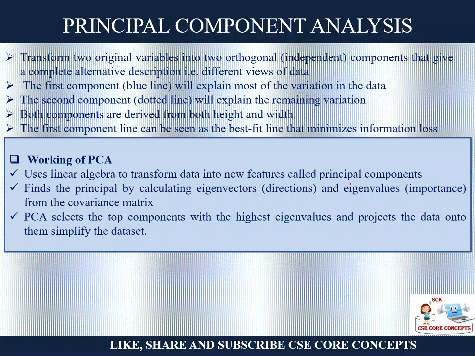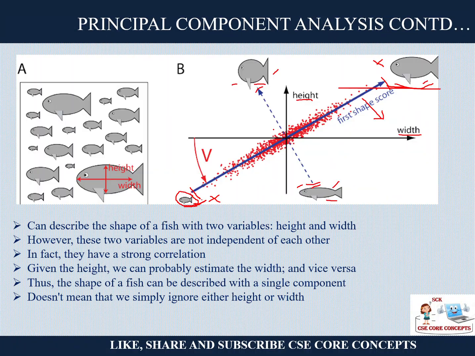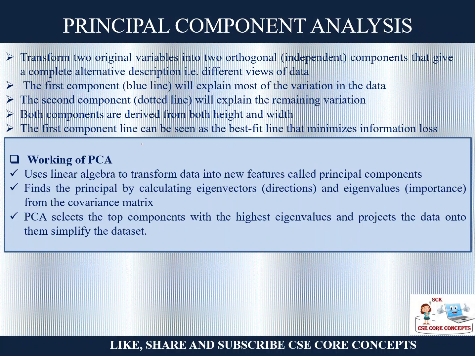So how does the PCA algorithm work? Which is the best fit here? The principal component will be this dark borderline. It is showing you the maximum variance. This one is not covering the maximum variance. So it uses linear algebra to transform features into principal components. What type of linear algebra does it use?